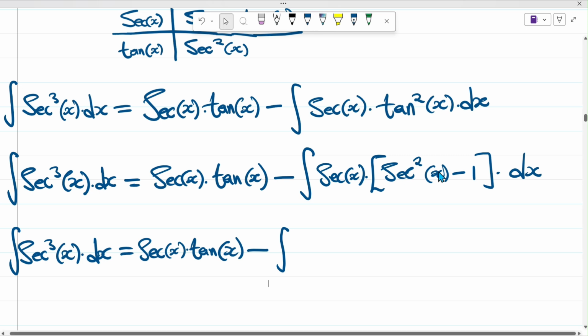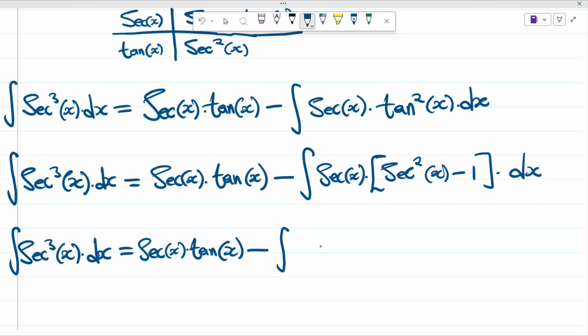When you split, because I'm going to get two terms, when I multiply this I'll get a term, and then when I multiply again I'll get another term. So I'll end up having two terms, sec cube minus sec dx, so two integrals again.